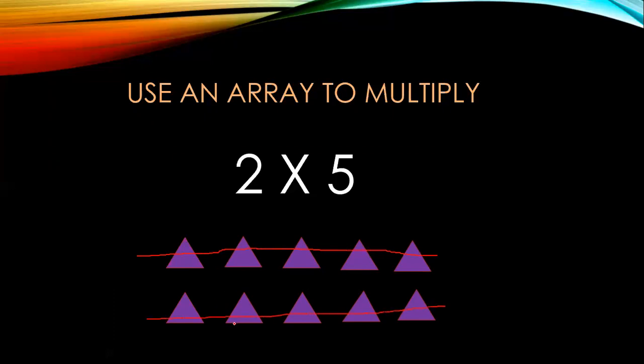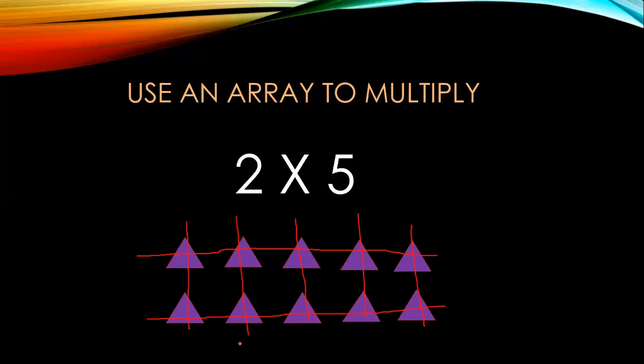So I have 2 rows. The rows are represented by this number 2 here, one of the factors. And 5 is represented with the columns. 1, 2, 3, 4, 5. And so I would say that I have a 2 by 5 array.